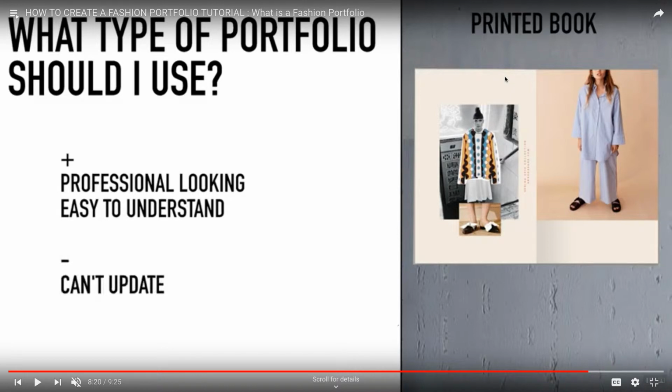I might try to bring my portfolio book in next class, but printed books look incredibly professional and impressive when you give someone a bound book of your work. But again, really hard to update.